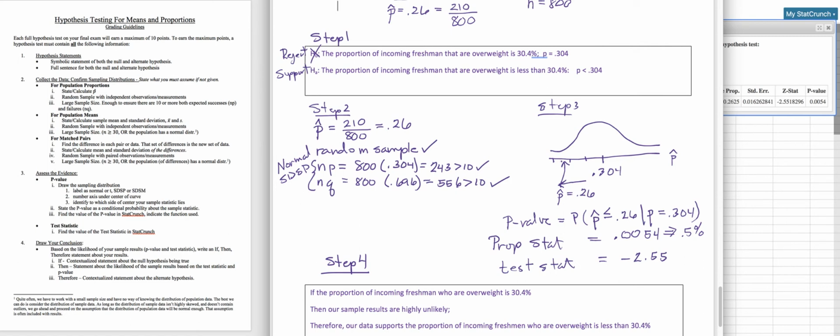So instead, we believe the center is something less than 0.304, because again, if that curve, for instance, moves over here, well now, this sample value of 0.26 becomes something very usual, right? Here it is where the curve is tall. It's only where the curve is short if the curve is way over there, where H0 says it is.